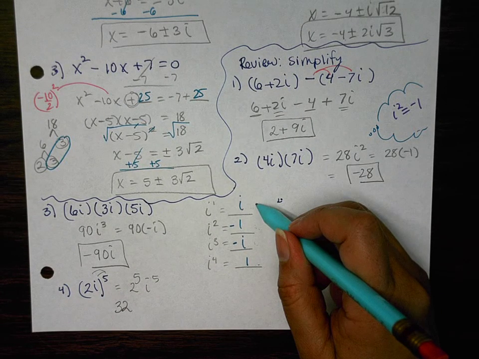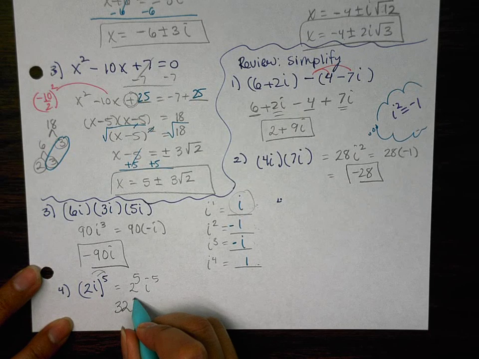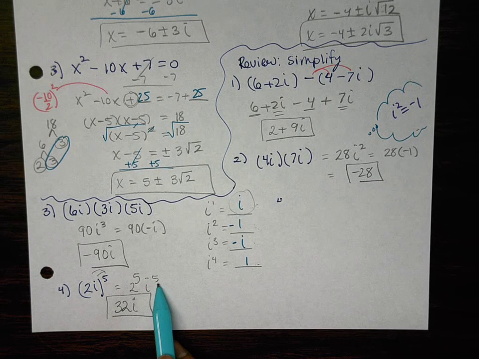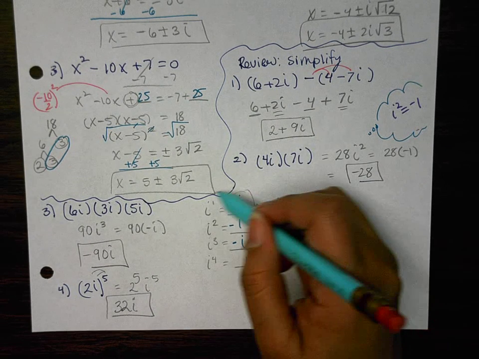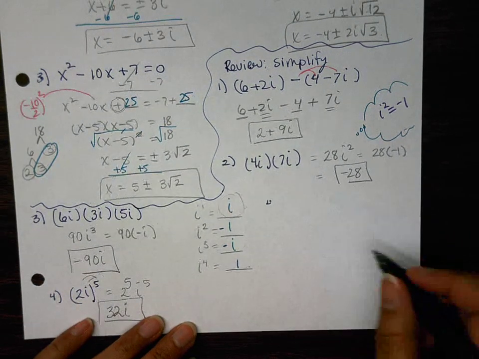So what is i to the 5th? So 32i. Okay. Or you could divide. What's 5 divided by 4? 1 with the remainder of 1, and this was your remainder 1. Got it? Okay, number 5.